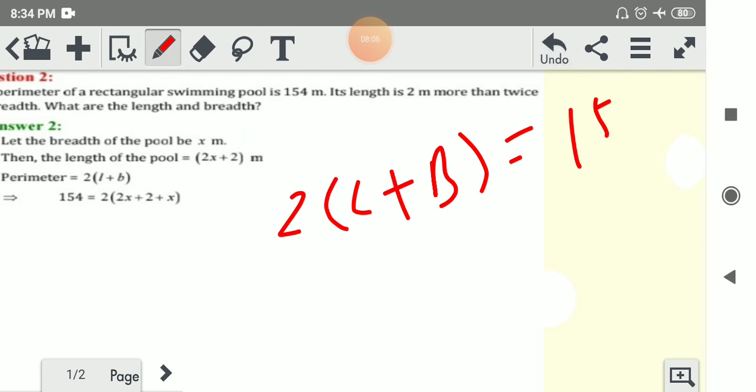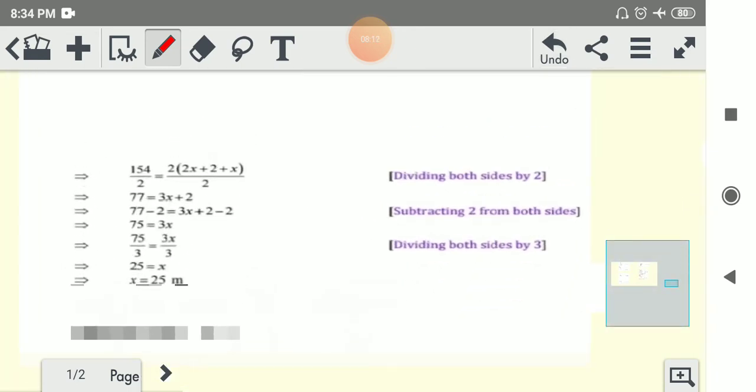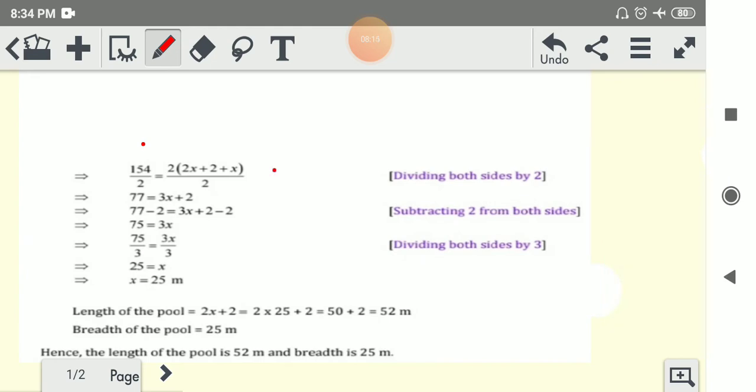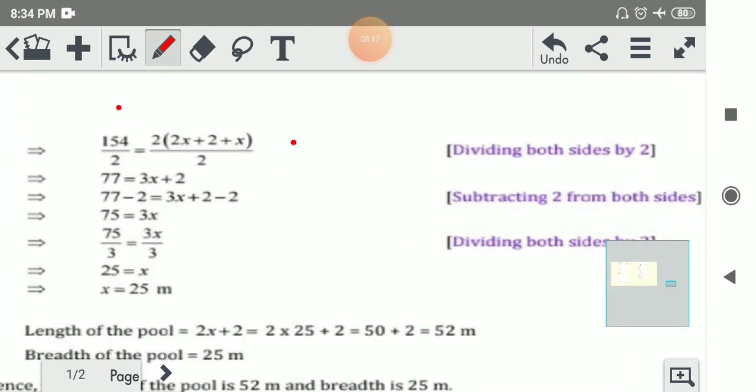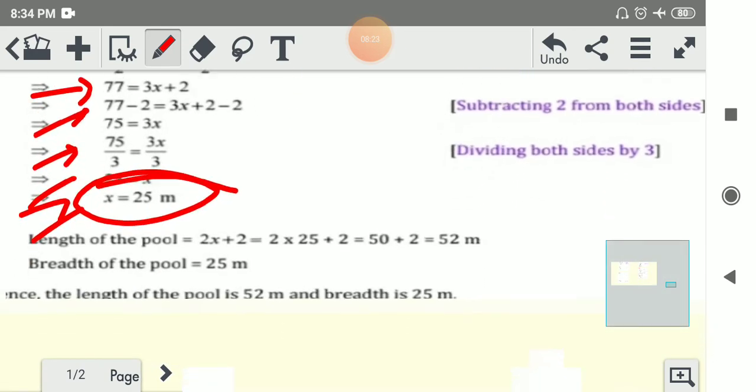So we get 154 upon 2, and similarly divide by 2 here. We are solving these equations again and again. So we get x is equal to 25.